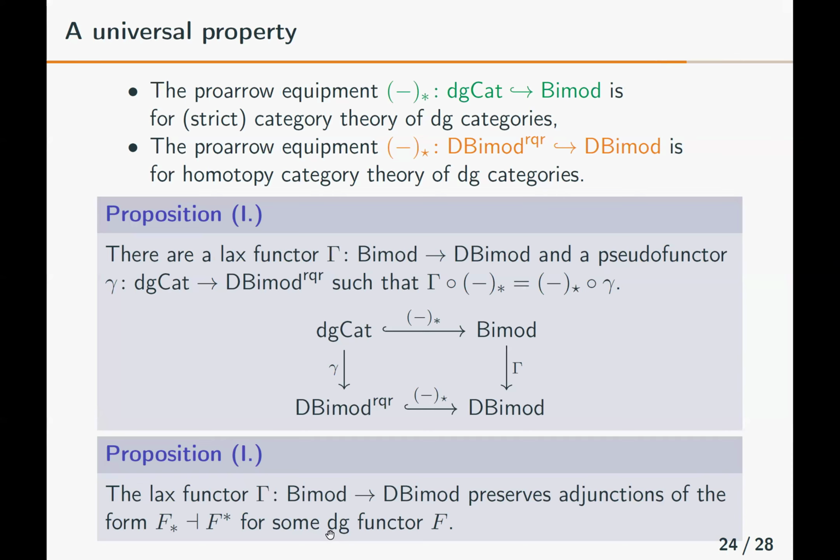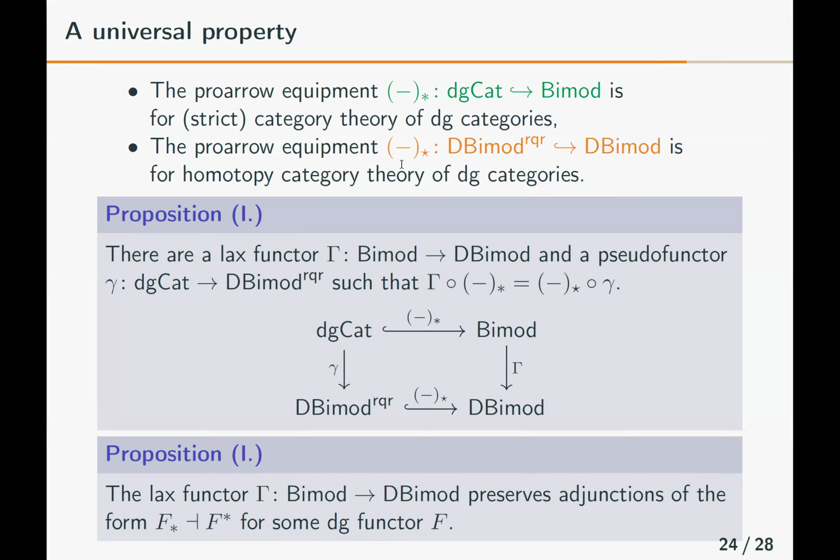So far, we have obtained two pro-arrow equipments for DG categories. One is the standard equipment coming from enriched category theory. The other is the equipment we have constructed, star, which captures the homotopy theory of DG categories.